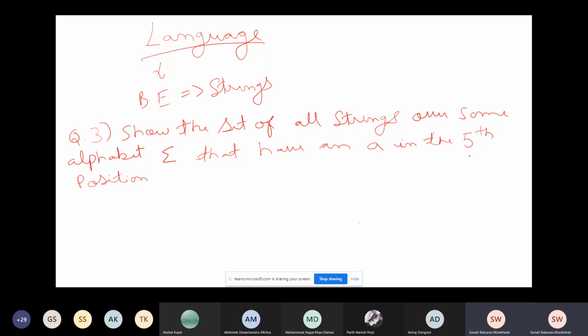Read this line carefully. So the question is: show the set of all strings over some alphabet sigma that have an A in the fifth position from the right.